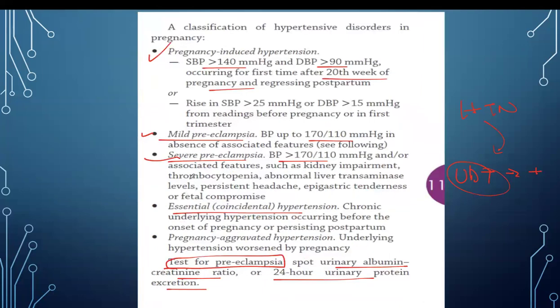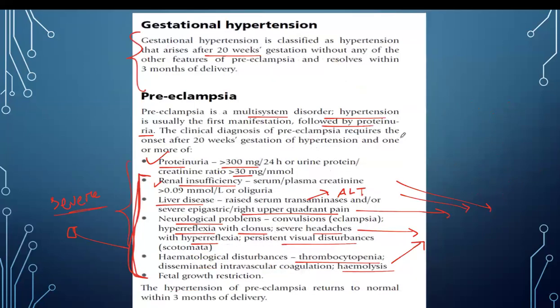So to confirm severe preeclampsia, either the patient needs blood pressure more than 170 by 110, and/or any of the things that we discussed. Okay? So far clear, everyone? Remember one thing, that in preeclampsia the blood pressure will return to normal within 3 months of delivery. It will not be that the patient continues to have hypertension even after delivery.